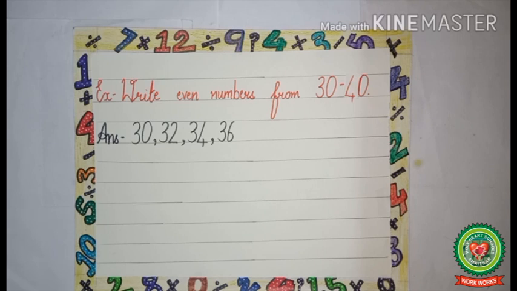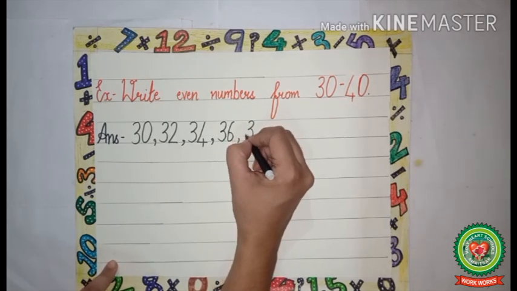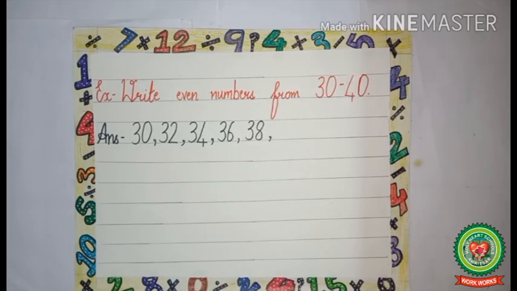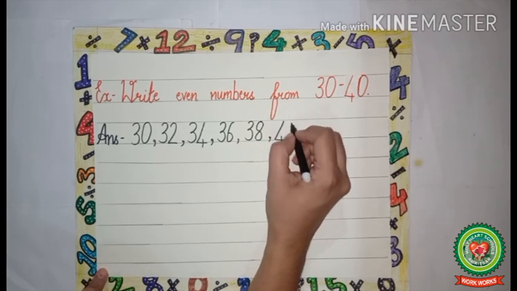So it is an even number. So we will write 38. After 38, 39. 9 does not come, so it is an odd number. Then 40. 0 comes in the table of 2, so it is an even number. So we will write 40 here.